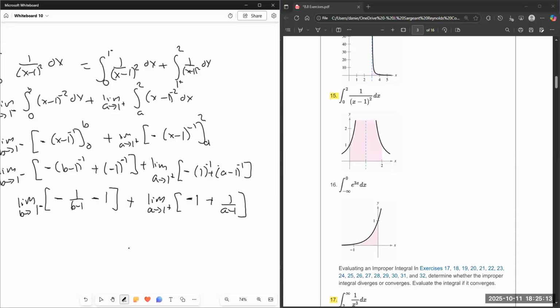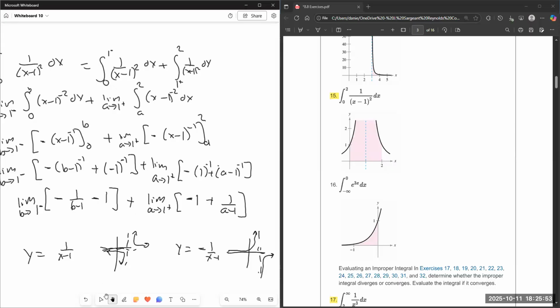So looking at the graph of y equals 1 over x minus 1, which looks like this. I'm looking at the graph of y equals negative 1 over x minus 1, which looks like this.